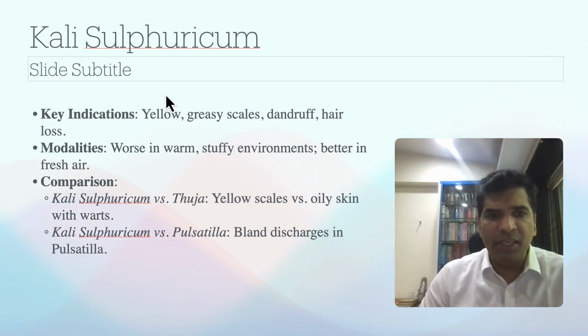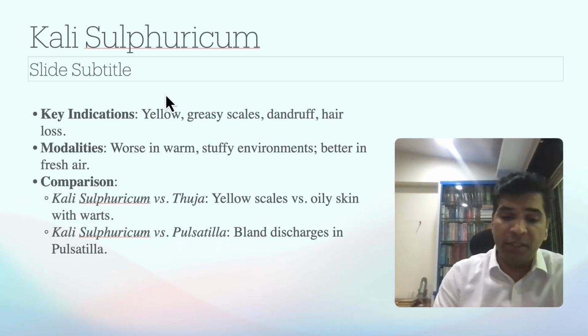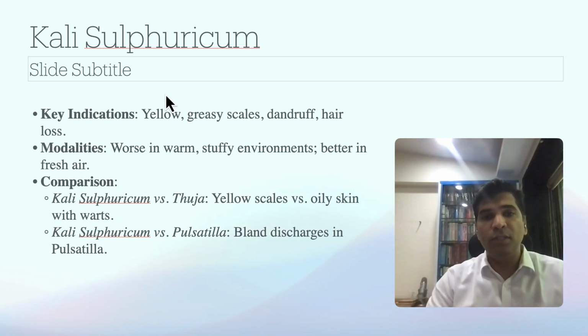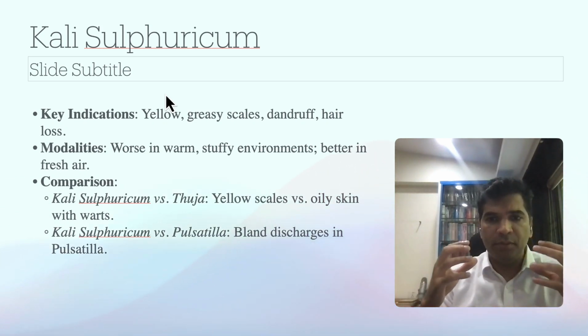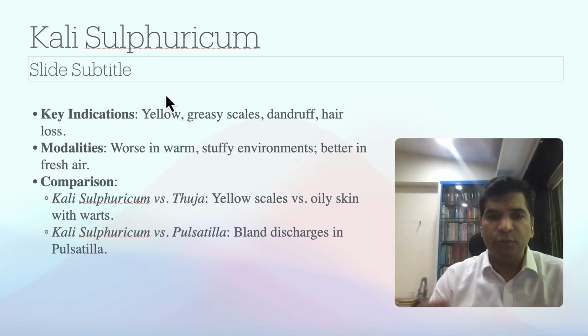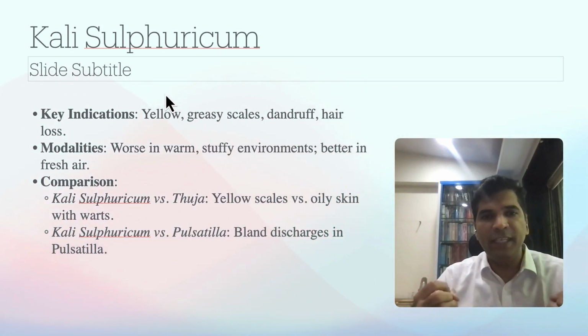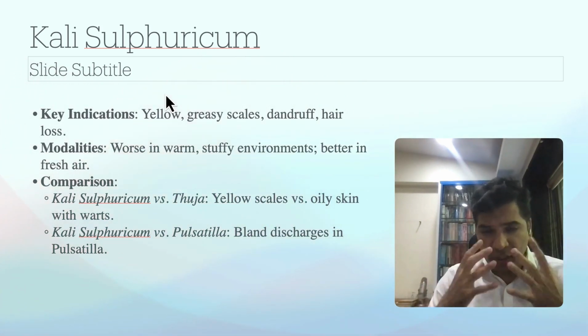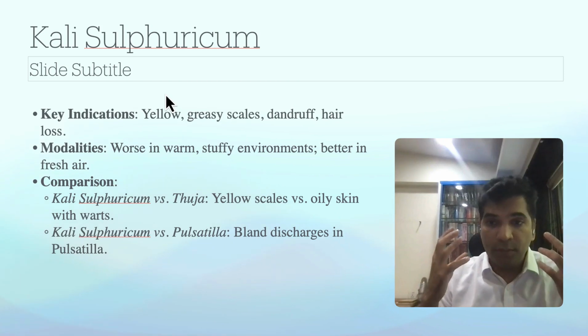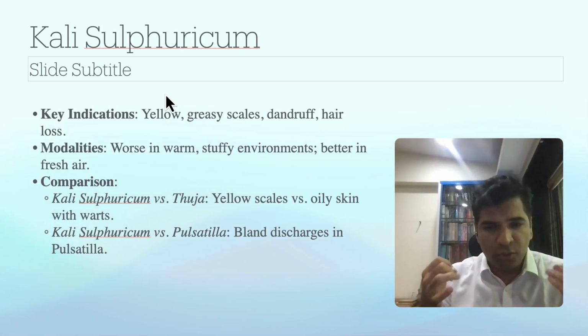Modalities are worse in warm, stuffy environment, humid environment, better in fresh air. So students especially who are studying, who are confined to houses which are stuffy, hot environment, especially in a tropical environment like India, humidity, a lot of sweating, and you have these yellowish scales. You just check out the scalp of these people and you see yellowish scales and you are sure it is Kali sulph.